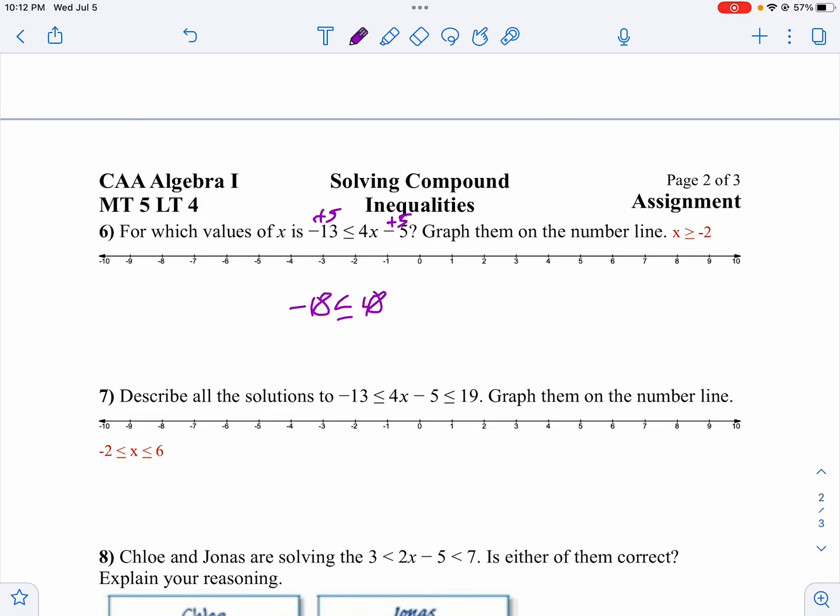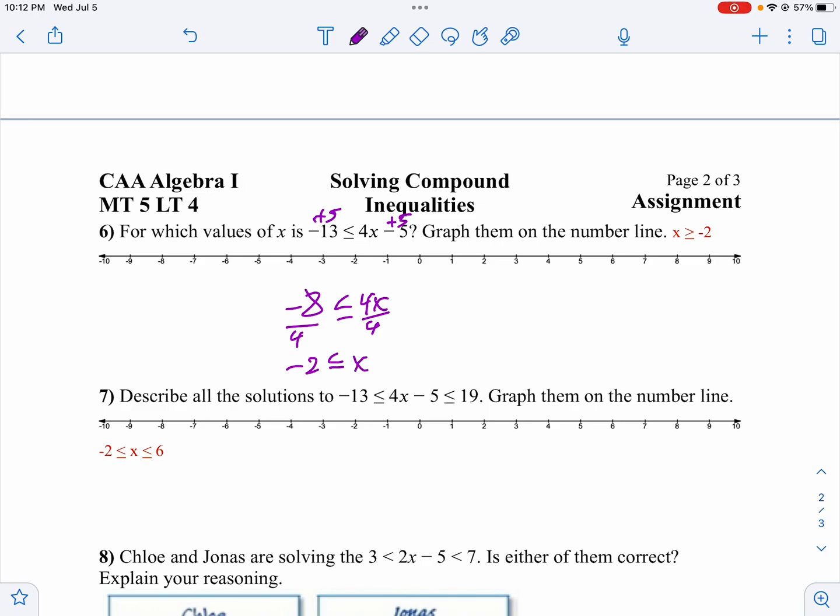That's not negative 18. That's negative 8, isn't it? I ignored the negative sign. Negative 13 plus 5 is negative 8. And that looks kind of confusing, so I'm going to rewrite 4x. So I'll divide by 4. So we get negative 2 is less than or equal to x.